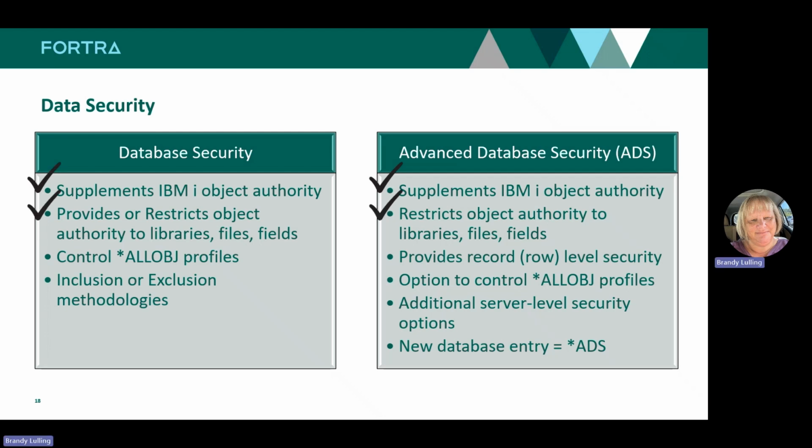With ADS, you can restrict down again to the record level. And both options allow restrictions to all object profiles, which is a really nice feature. However, with ADS, it is an optional feature, and ADS also adds some additional server level security options that we'll see in just a minute.